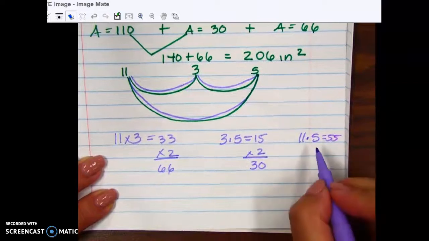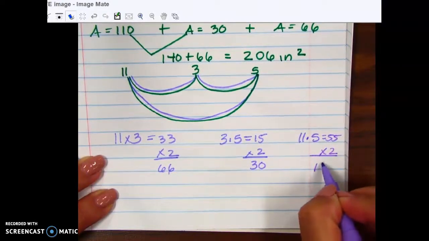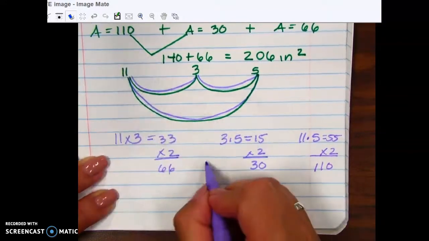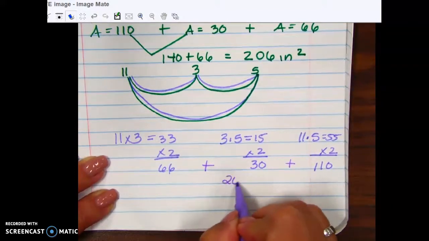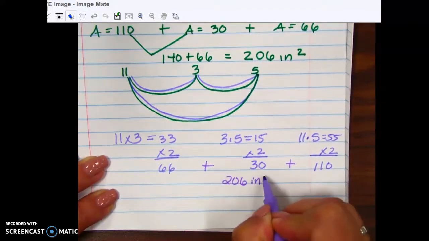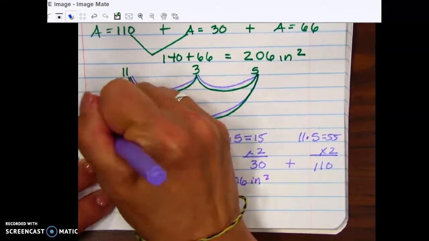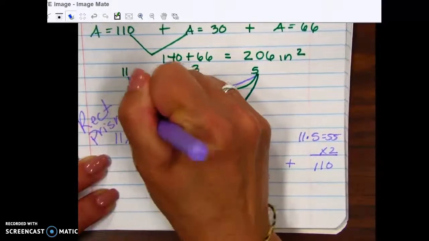Almost. And I take that times 2, which equals 110. Hey, and it looks like that. And all I do is add these together. Now again, this only works for a rectangular prism only. But nice trick, huh?